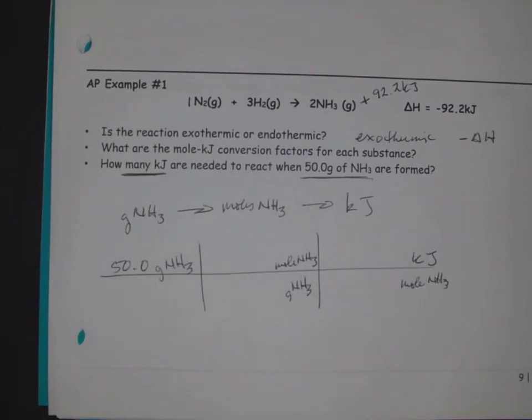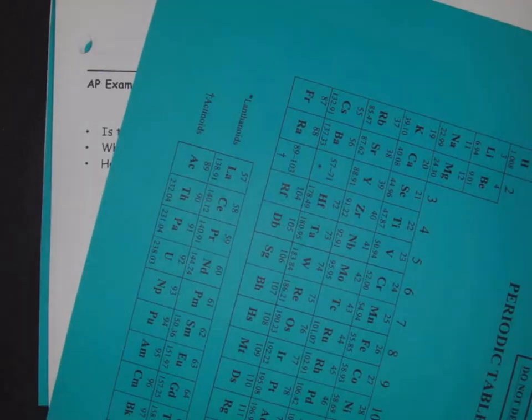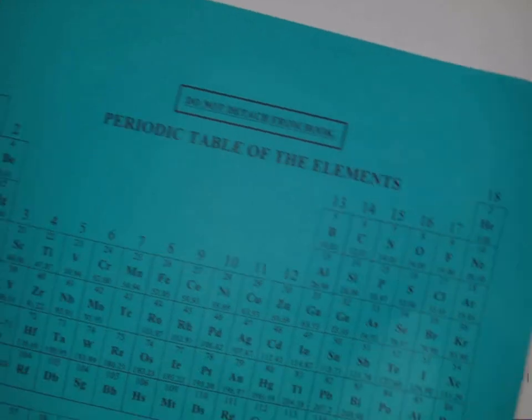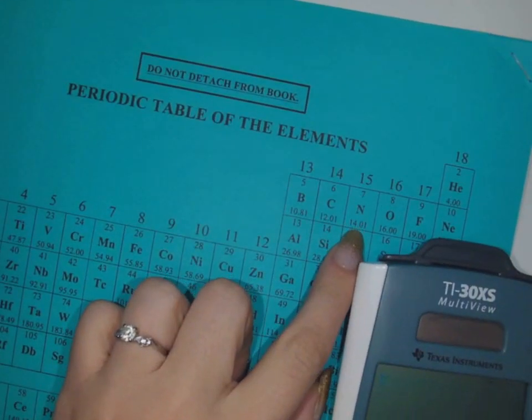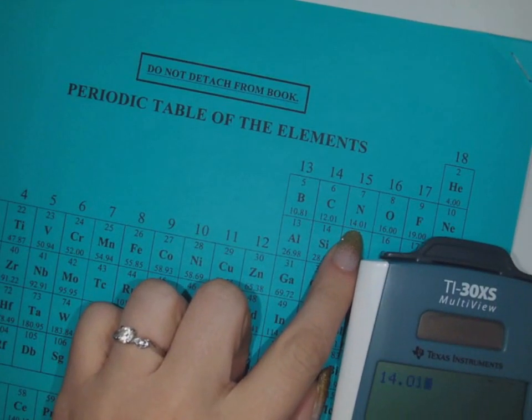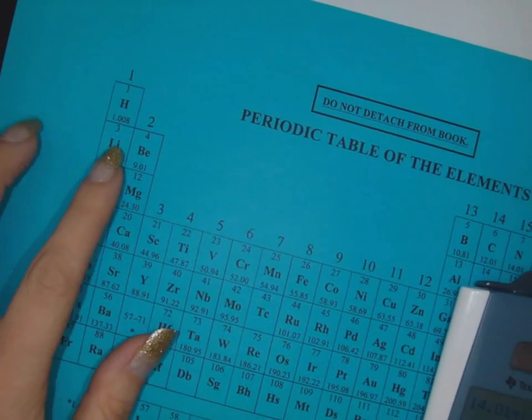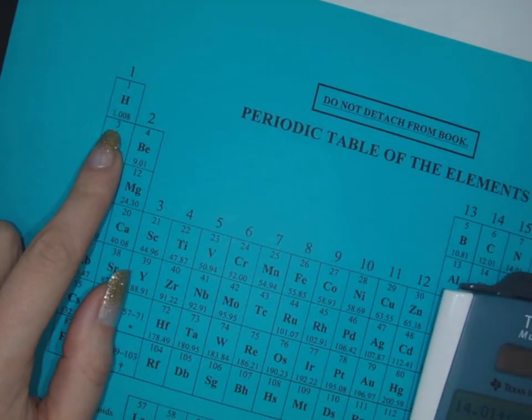All right, I'm going to go grab a periodic table because I see moles over grams or grams over moles, and that's going to be molar mass. Okay, I've also got a calculator. So, N nitrogen, H hydrogen, but 3 of those. So I have 1 nitrogen, 14.01, plus 3 hydrogens, 1.008 times by 3.